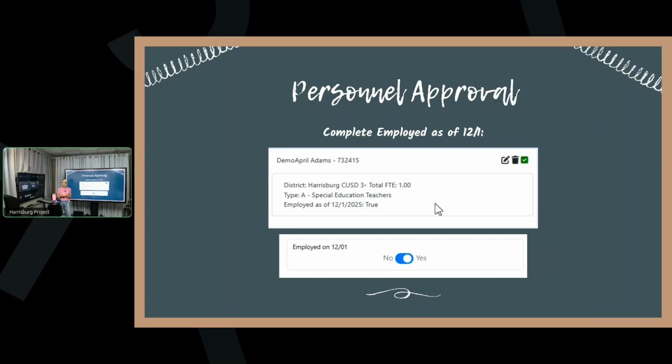So you may have a lot of general ed teachers that are qualified to teach special ed. That doesn't mean that's what they're doing. So you have to think about what their role is as well. That's why it's a little bit touchy when we talk about those aides. Really, we want you to put in what their role is. But a lot of people want it to be known that they have all licensed aides.